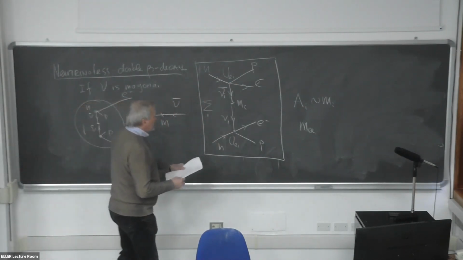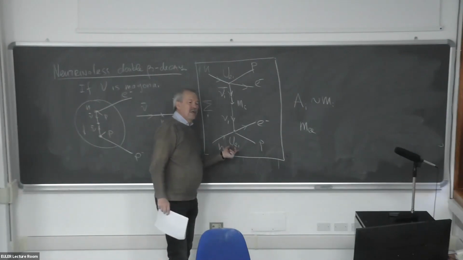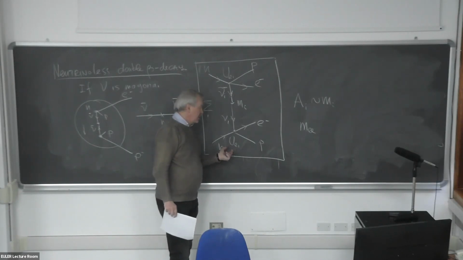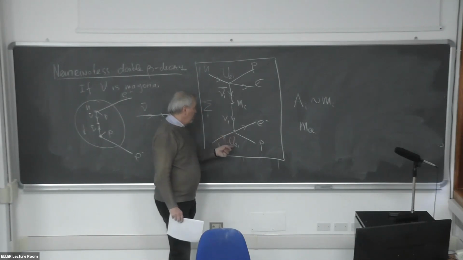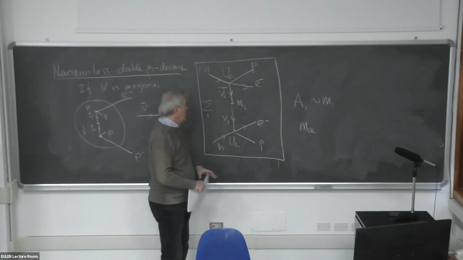This is similar to what we have in the quark sector. In the quark sector, we have the CKM matrix elements, and the same here in the leptonic sector, which connects mass states, right? So here we have this U_ei, and here is U_ei.